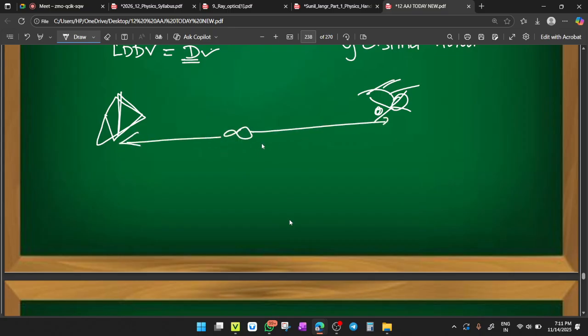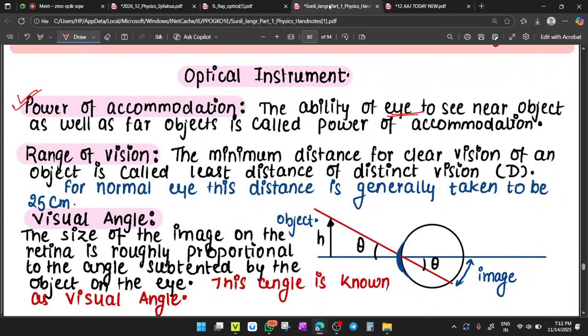So the far point for a healthy eye is infinite, meaning a human eye can see things at infinite distance. Clear? We have completed the range of vision. For a normal or healthy eye, the distance is generally taken to be 25 centimeter.